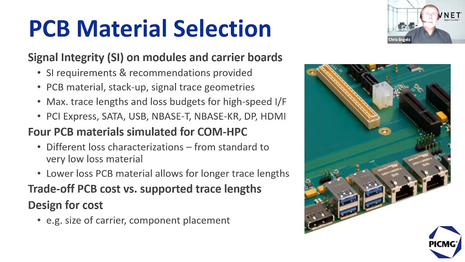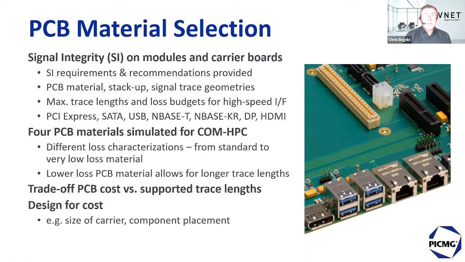My final slide on signal integrity is about PCB material selection. The COM-HPC committee has done a great job on doing a lot of signal integrity simulations and also considering different PCB material, which can be used for the high-speed signaling.